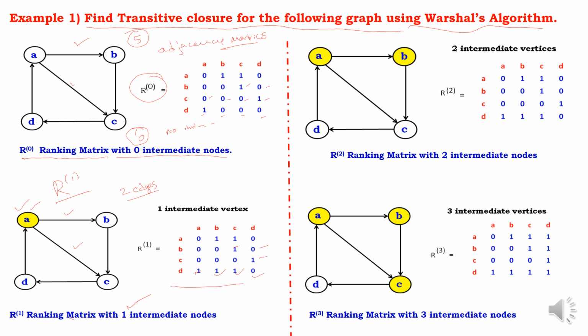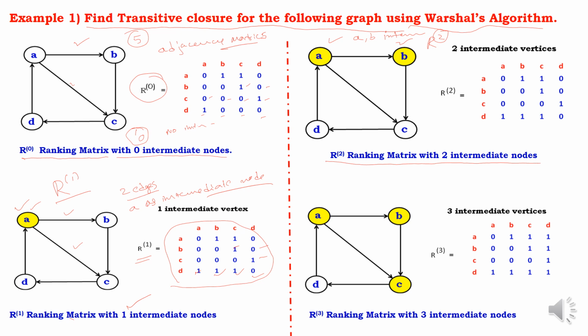So this is the ranking matrix where A is the intermediate node. Now we use another vertex also as an intermediate node, B. Now A, B are the two vertices as intermediate nodes, so we are going to identify R2, ranking matrix 2, the ranking matrix with two intermediate nodes.